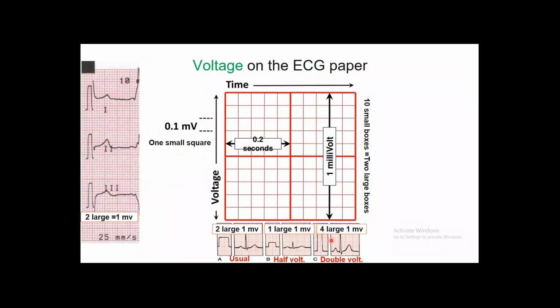On the other hand, if we have a very small QRS voltage and we want to magnify it, we perform what is called double voltage, which means each 1 millivolt will be drawn on 4 large squares.